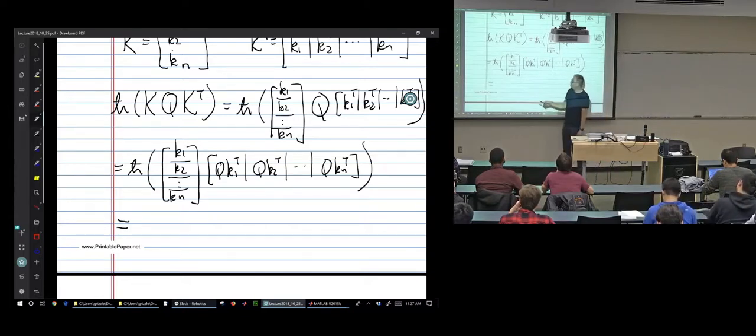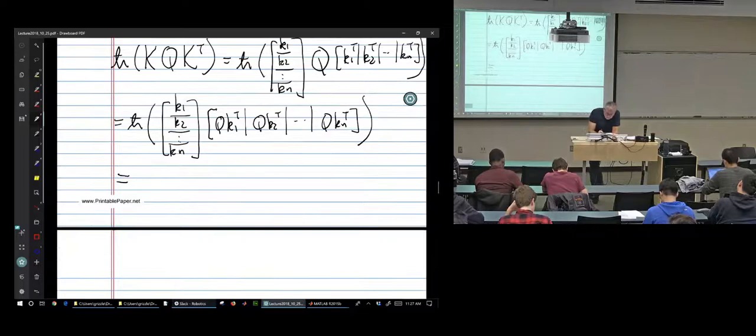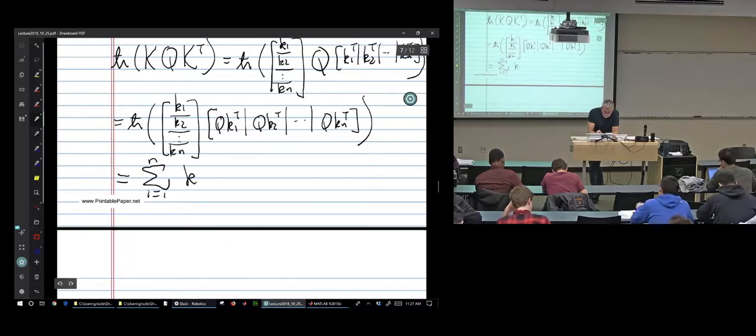Well, what's the 1,1 term? First row times the first column. What's the 2,2 term? Second row times the second column. What's the nth term? Nth row times the nth column, okay? So this is just equal to the sum, i equals 1 to n, of Ki Q Ki transpose.